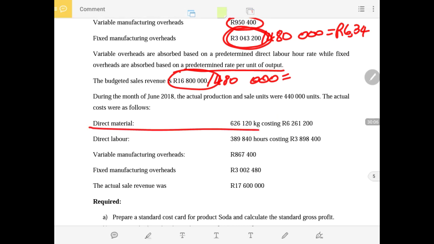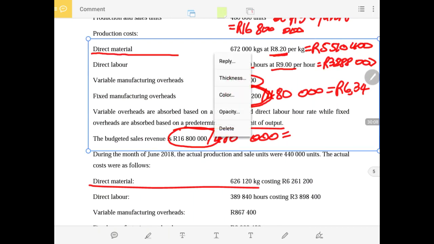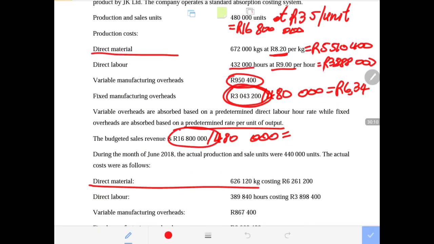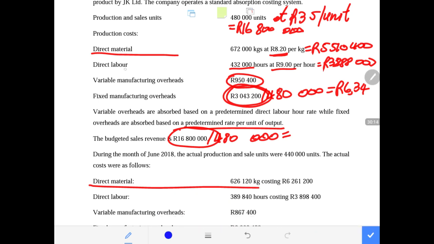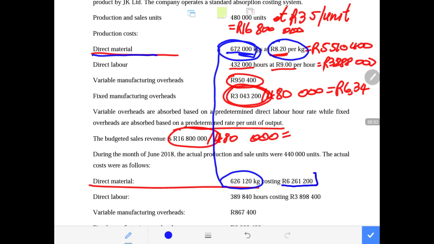In the budgeted information, I want to give you the highlight of that. If you look at the budgeted information, we are given with regards to material the kgs, which is the same as the actual kgs, but we are given cost per kg in the budgeted information. But here we are given the total cost of material, not the cost per kg.